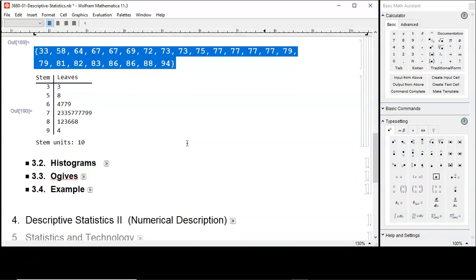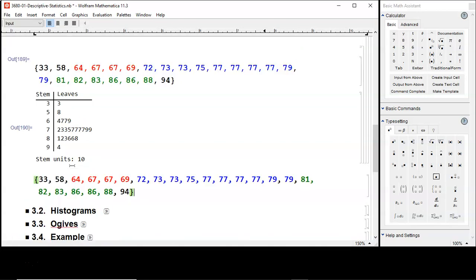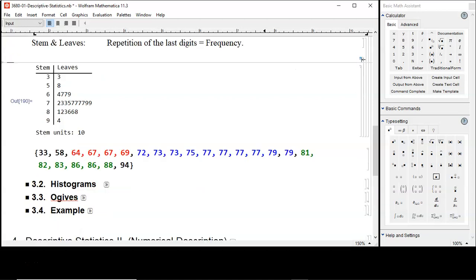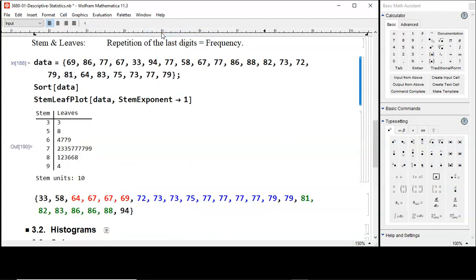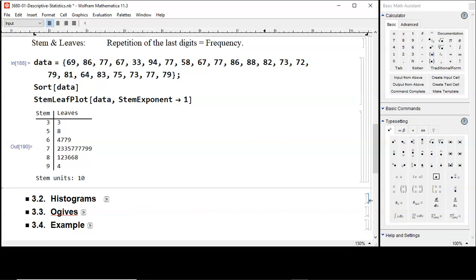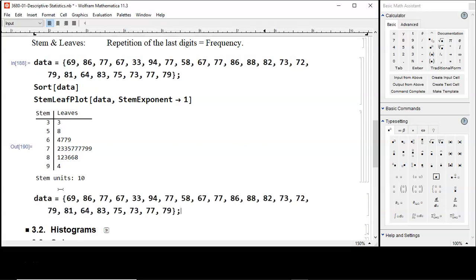And let me give you a little bit more detail about this part. Stem unit 10, what does that mean? Okay, I don't want the color coding here, so let's go back there.